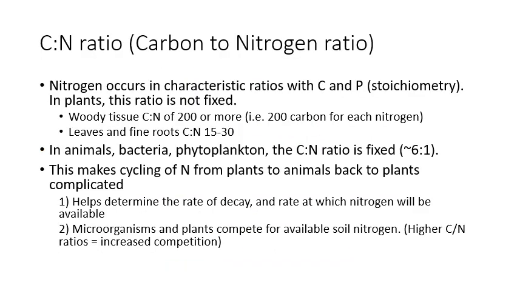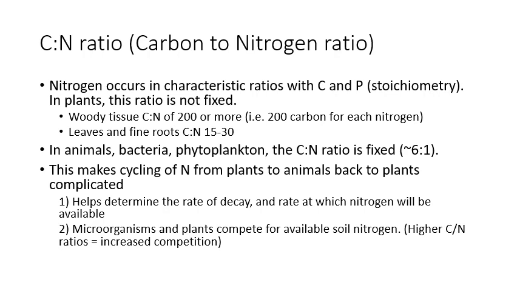And one of the key things that controls how quickly the nitrogen is cycling within the ecosystem is the C to N ratio, the carbon to nitrogen ratio of the plant litter. So now we're going back to understanding our element ratios and our stoichiometry. If you remember from the previous lecture, we know that nitrogen occurs in characteristic ratios with carbon and phosphorus, and this is called stoichiometry. You also remember from the previous lecture that in plants, this ratio is not fixed. It depends on the type of plant and the type of plant part.